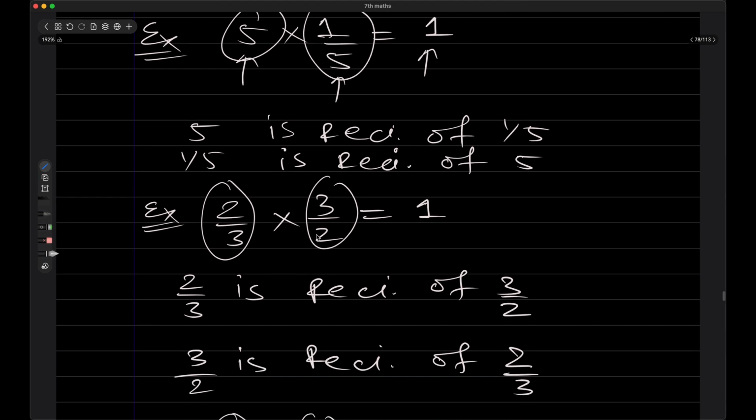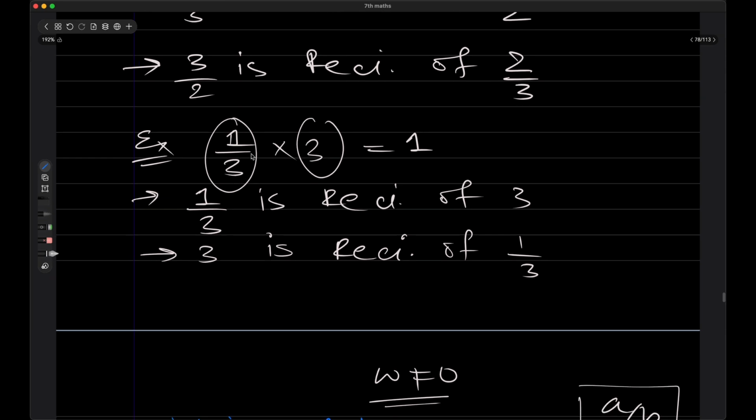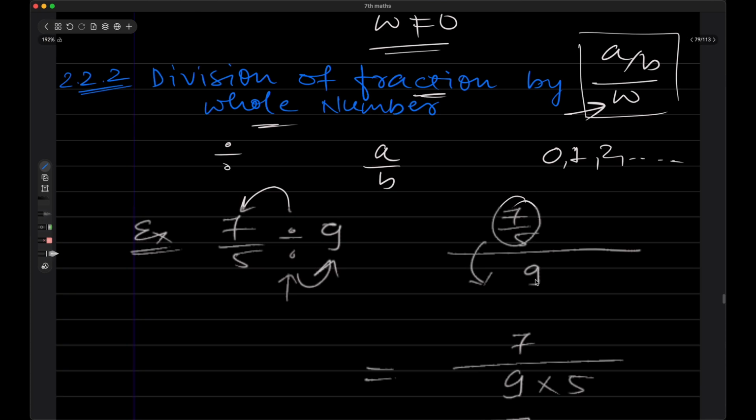We have taken two fractions, that is 2 divided by 3, 3 divided by 2, and product is 1. 3 3 will get cancelled, 2 2 will get cancelled, and hence we can say 2 by 3 is reciprocal of 3 by 2, and 3 by 2 is reciprocal of 2 by 3. And we have taken the example of fraction with whole number, and the product is 1, so we can say 1 by 3 is reciprocal of 3, and 3 is reciprocal of 1 by 3.